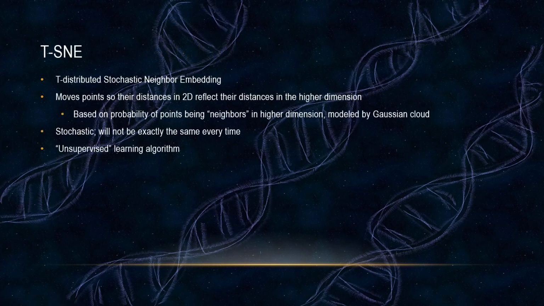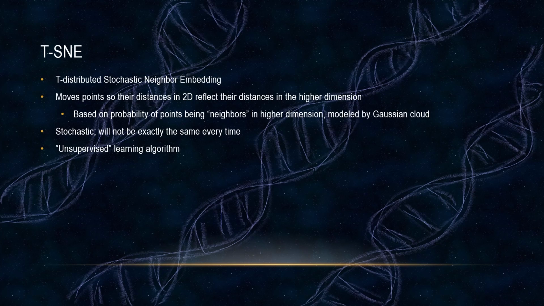So there are a couple of techniques for doing this. There's an older one, principal component analysis, which I'll leave off because I don't think that's used too much anymore. t-SNE is a newer one, which stands for t-distributed stochastic neighbor embedding. So there's a lot of information in the title there. Basically it moves the points so their distances in 2 dimensions reflect their distances in the higher dimension.